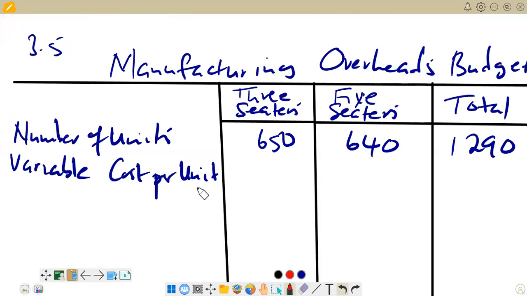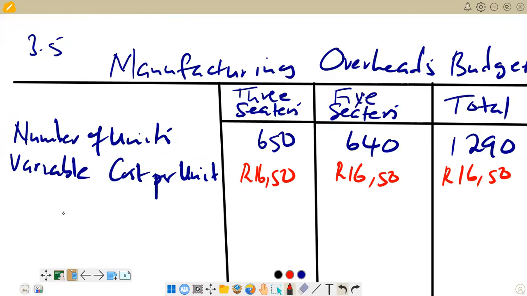So we are here, variable cost per unit, remember, is 1650. So we are saying 1650, and so also going to apply here 1650, and on the total again is 1650. So here we're not going to add the two. This is a variable per units. The total is applying to the number of units where we add the two, then you get this figure.